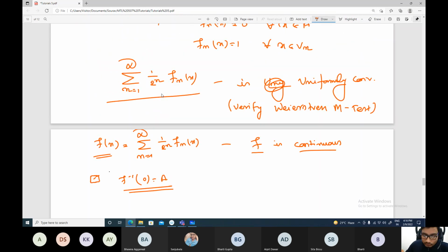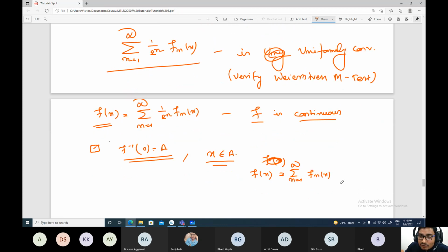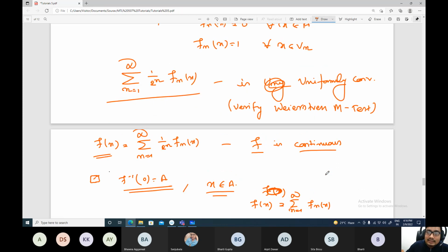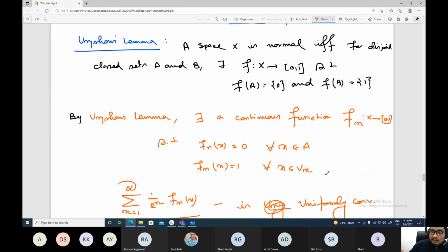So one thing is, if x belongs to A, then what can we say? f(x) is the sum of n equal to 1 to infinity of fn(x), but for x belonging to A, each fn(x) is 0 by the hypothesis. We have constructed this function.